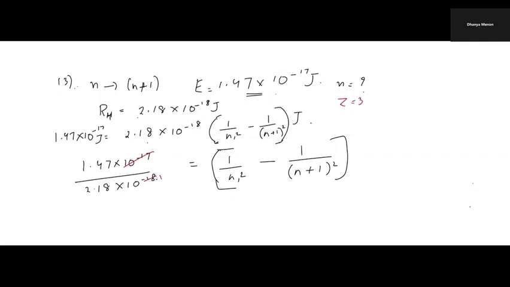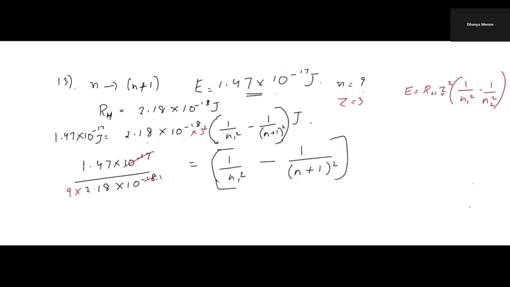So here we have times Z square, that is 3 square, so I get 9. So this is our formula: energy is equal to RH times Z square times 1 by n1 square minus 1 by n2 square. Because it was lithium, we had to use this Z, which is equal to 3.